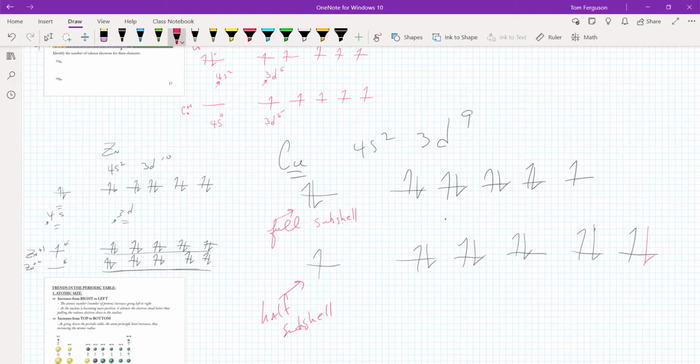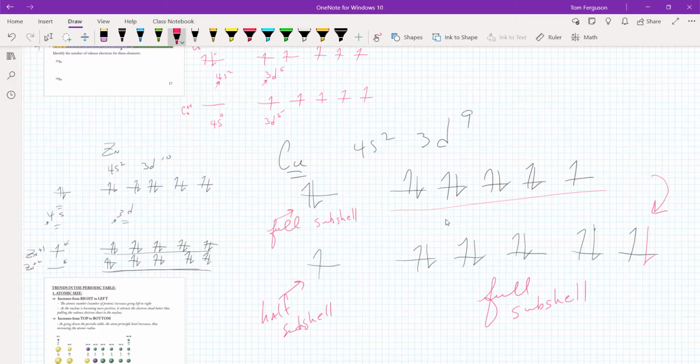Destabilized. Ferguson, you told me that the reason things form is to become more stable, not less stable. But what have we done here? This is now a full subshell. We've gone from kind of a nothing up here to a full subshell. Also, that D subshell has 10 electrons in it.